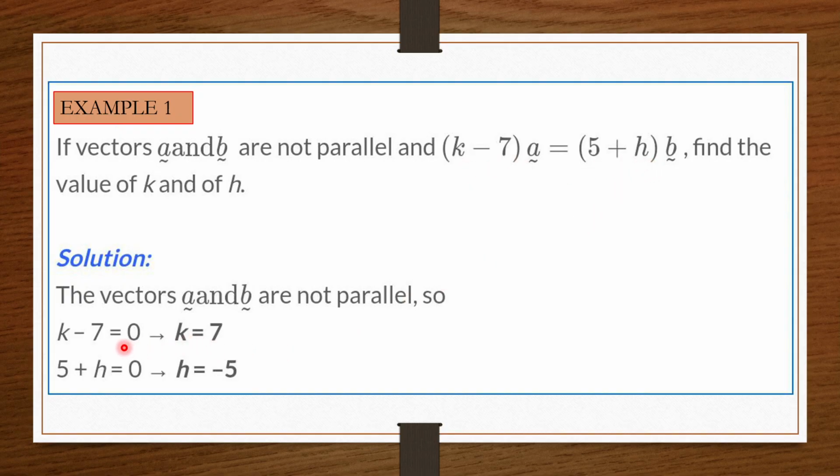So if you look at the solution given, the coefficient of a is k minus 7, which equals 0. And the coefficient of vector b is 5 plus h, which equals 0. So, solving these equations, you will be able to find the value of k and h.